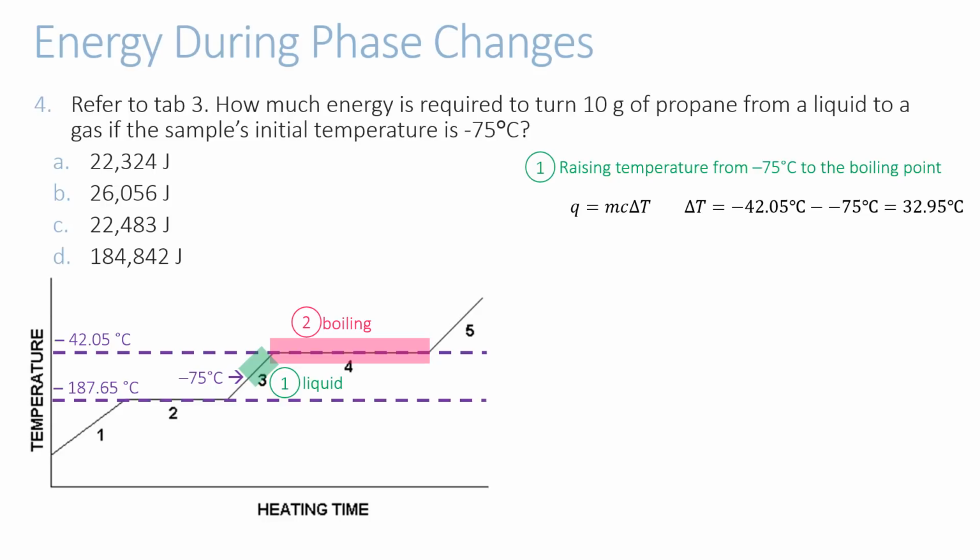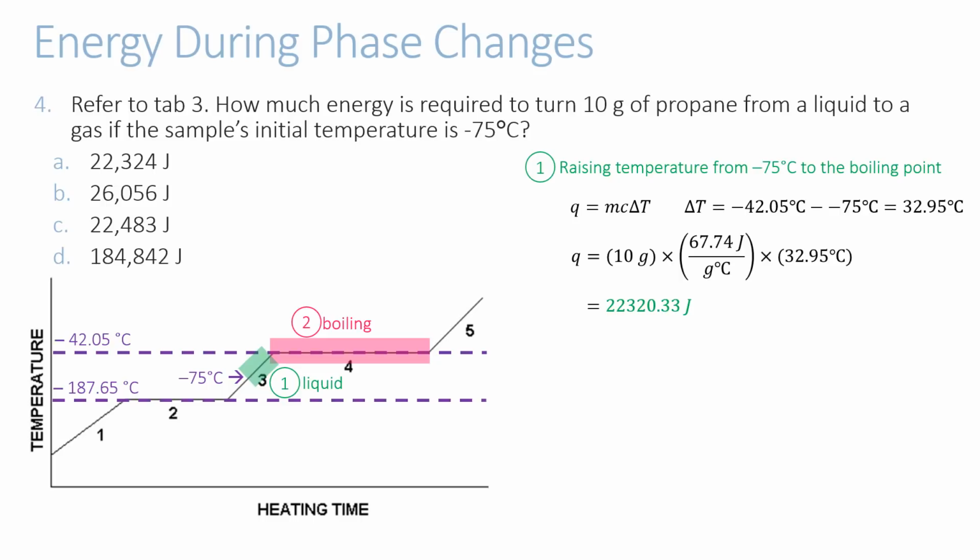So we're ending at -42.05 and starting at -75, which means our delta T is increasing by 32.95. I'm going to use this along with the mass of the propane and the specific heat of liquid propane to calculate the amount of heat. So here's the number that I get to go from a liquid at -75 to a liquid at -42.05 for propane.